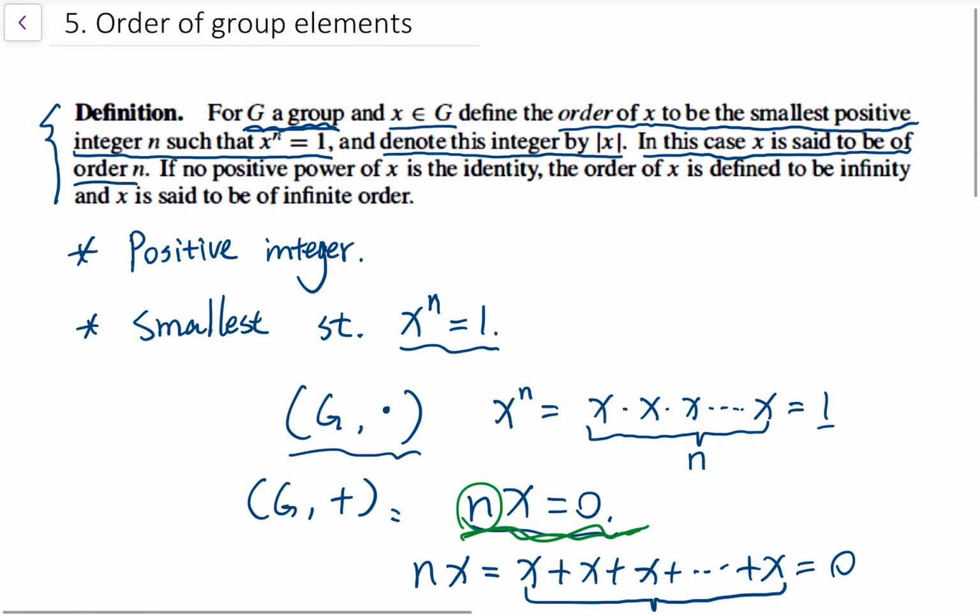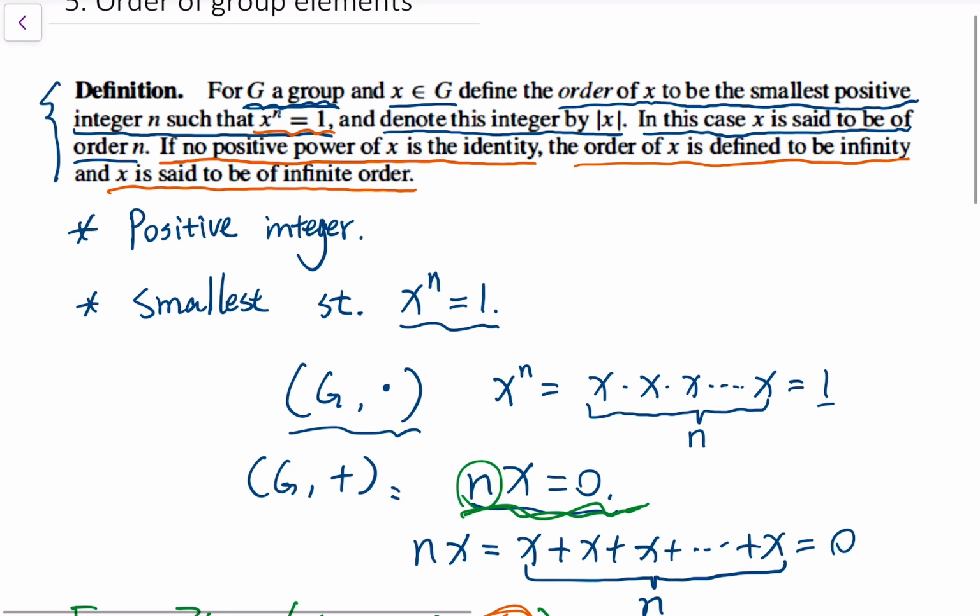Okay, this is the definition and the example about the order of elements in a group. But there is an exception here. It says if you cannot find any positive power for x to satisfy this property, then we say that the order of x is defined to be infinity, and x is said to be of infinite order.